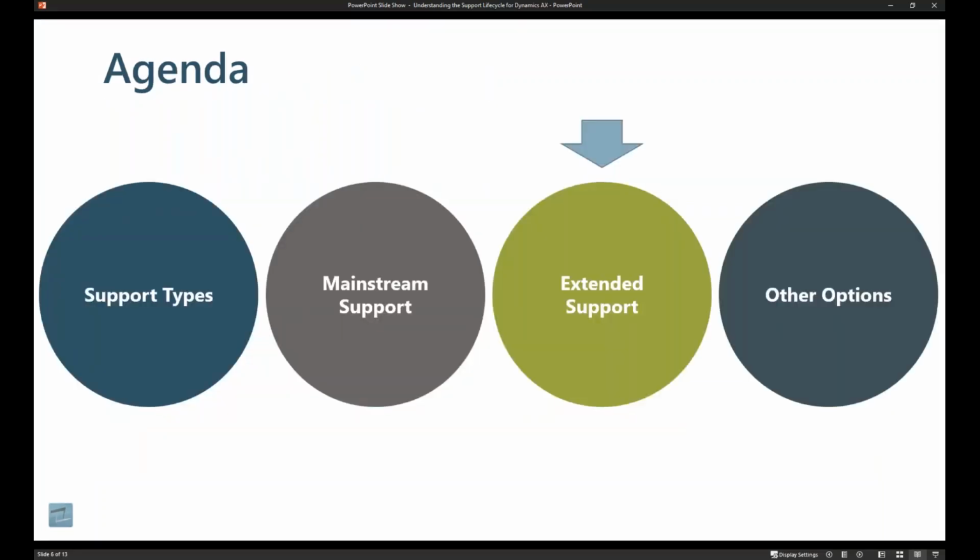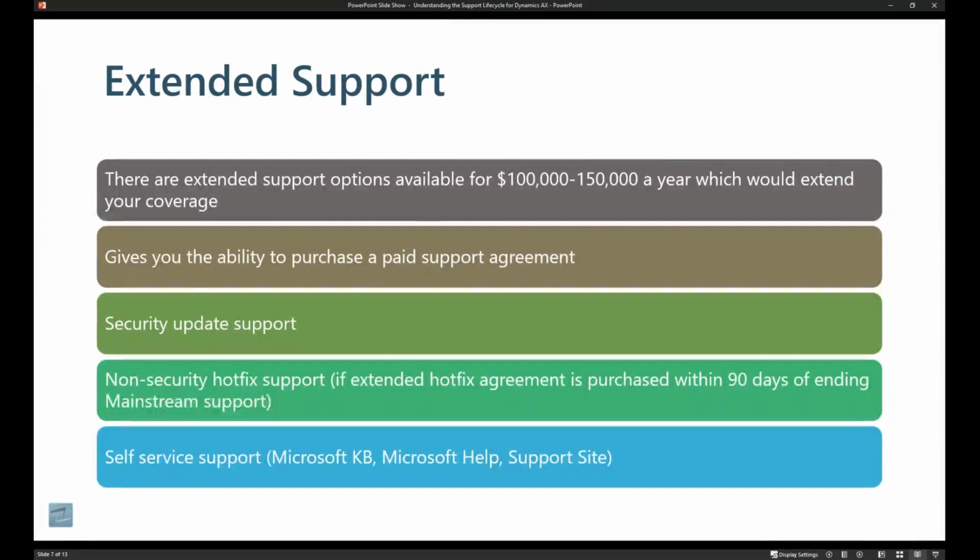Now, after a certain period of time, like we said, 5 to 10 years, and it varies per product, which we'll show on one of the screens coming up here, you get into what's called this extended support option that Microsoft then supplies. And so a couple of things that are noted with this. So extended support, you generally drive a contract with Microsoft, and typically you're looking at $100,000 to $150,000 a year, in which you then extend your coverage on top of the actual product.